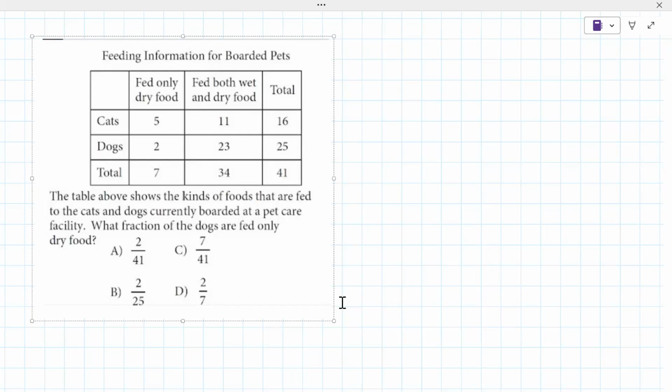The table above shows the kinds of foods that are fed to the cats and dogs currently boarded at a pet care facility. What fraction of the dogs are fed only dry food?